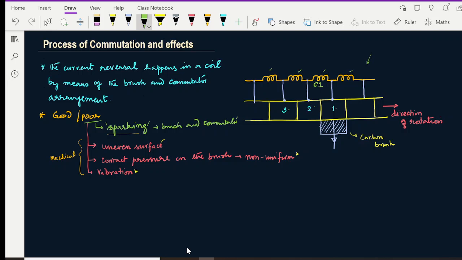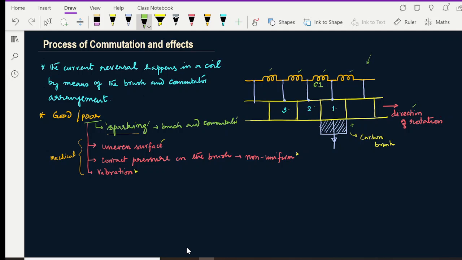And we have learned how to position the brush as per the winding diagram. Currently, let us say we are looking at a generator operation, this positive polarity brush is currently staying with commutator segment 1. And I have marked the direction of rotation, the clockwise direction, here.